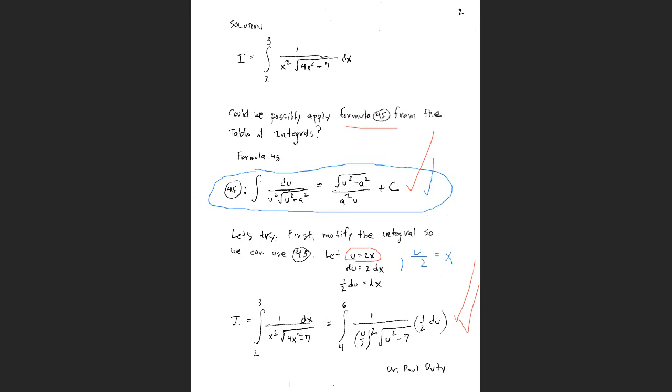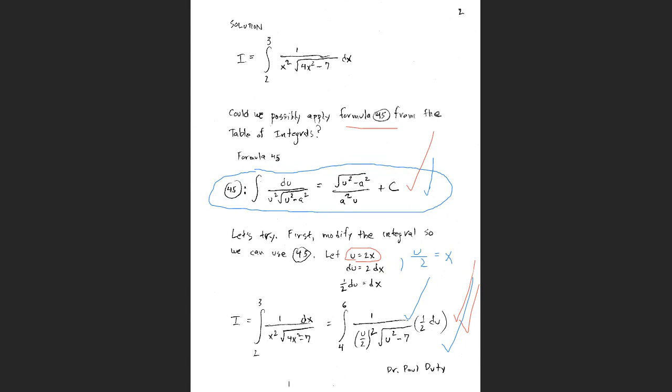So, okay, u equals 2x. That means u over 2 equals x. And so now I make the substitution here. Are there any questions up to this point? Notice the limits change.